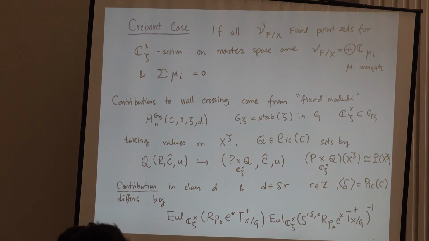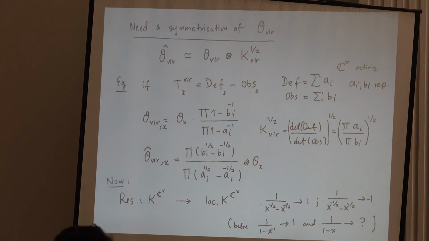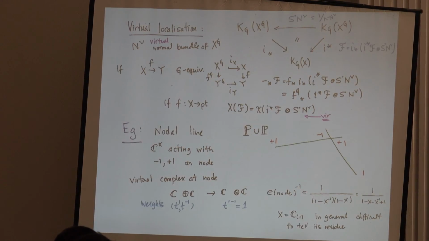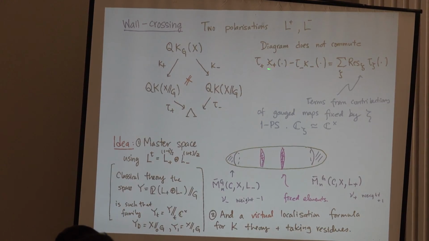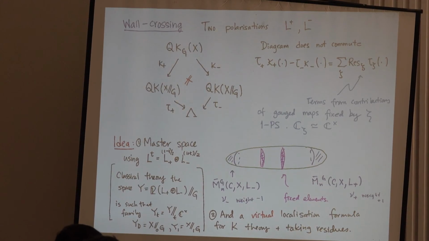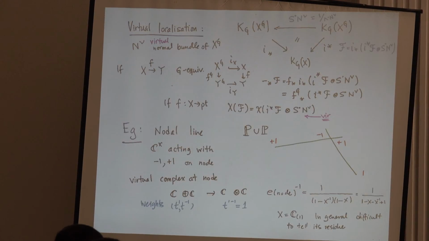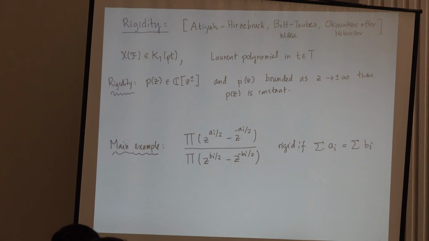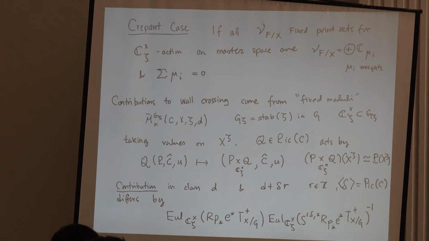And so in our case, when we want to use a wall crossing formula for relating potentials on one side of the wall and the other side of the wall, then we want to study very carefully what these contributions are on this side. In general, these are contributions that are at the gauge level, so gauged Gromov-Witten invariants. And so in this case, we did this particular analysis, right?